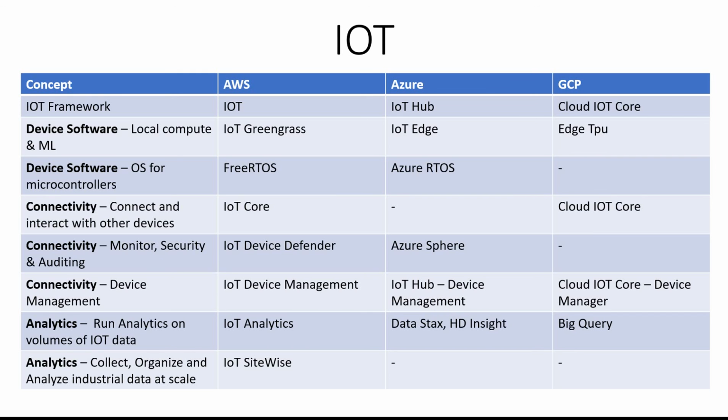From what I see, all three are neck and neck, especially in the IoT space. Even though GCP came late, I think it is competing with AWS and Azure equally. All the core pillars are covered, and now it is going to specialization. Cloud with IoT is a good combination now.